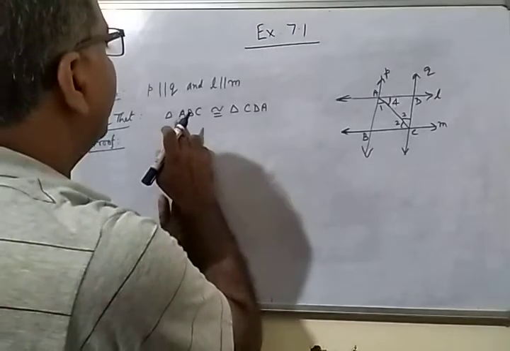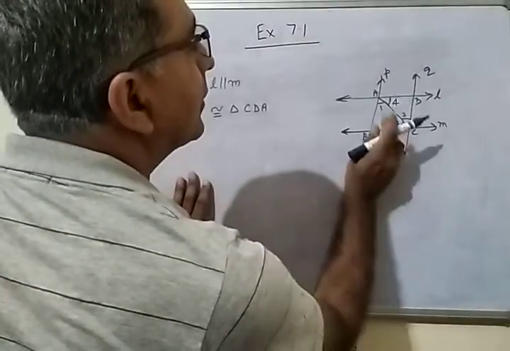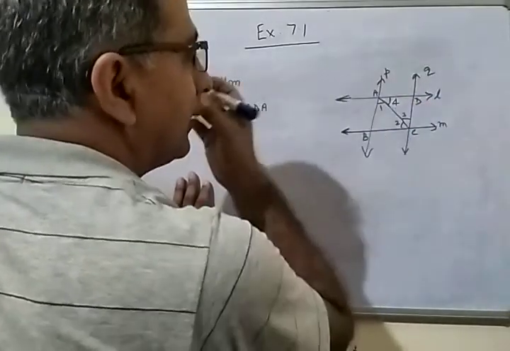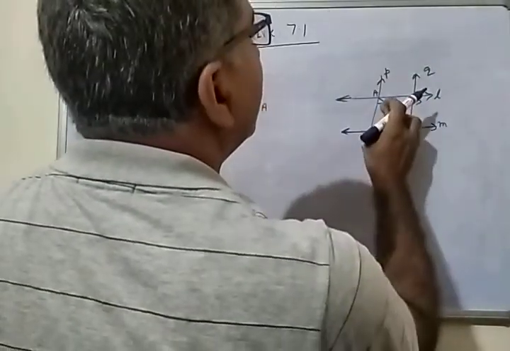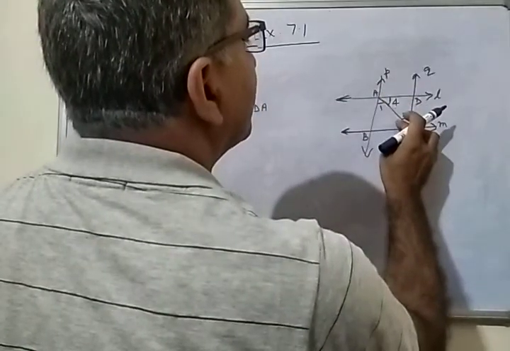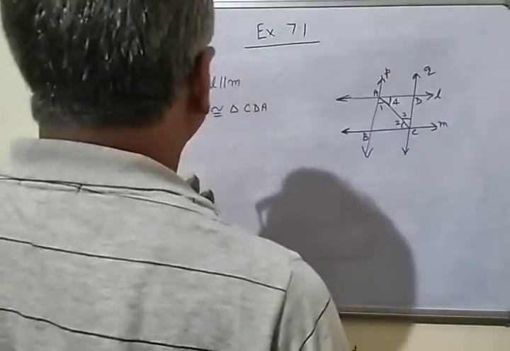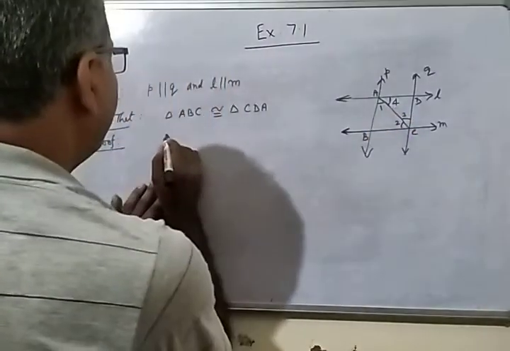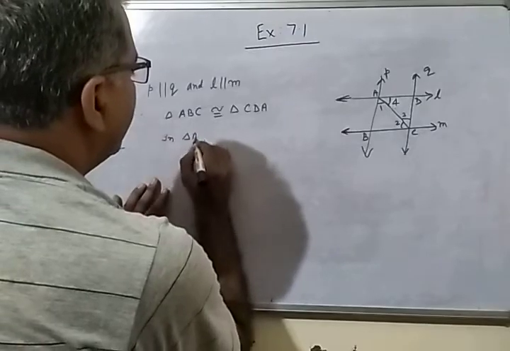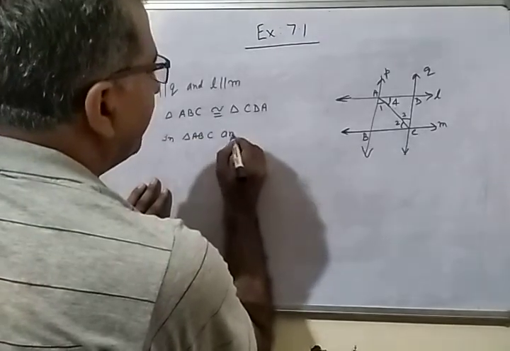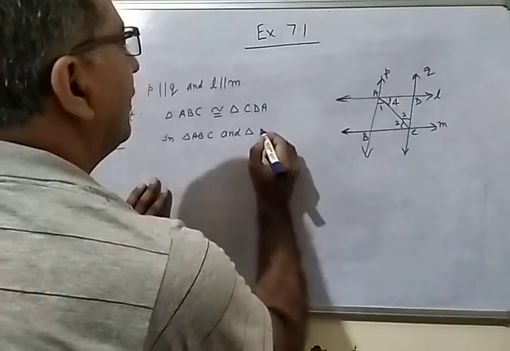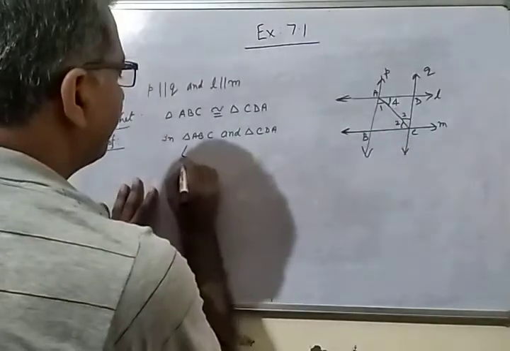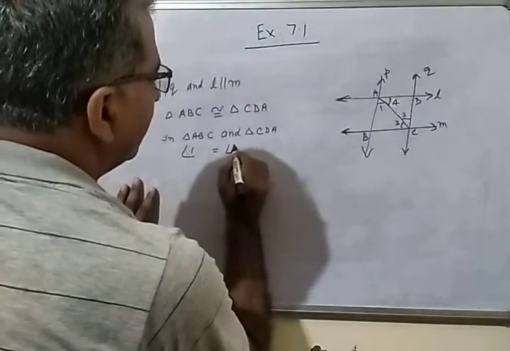We take triangle ABC and CDA. Here we can label the angles 1, 2, 3, 4. So in triangle ABC and triangle CDA, angle 1 equals angle 3.